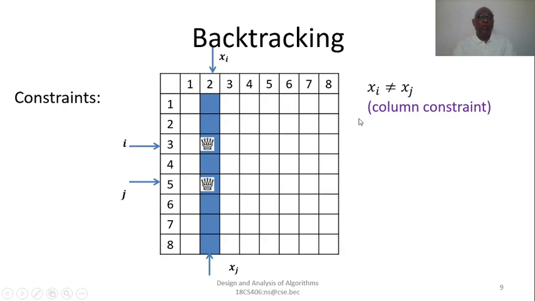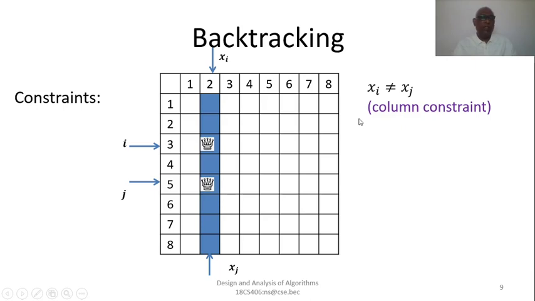Now, as we know, the n queens problem says that no two queens should be attacking each other, or no two queens should be under attack. So, if no two queens are to be under attack, then there are constraints to be solved.